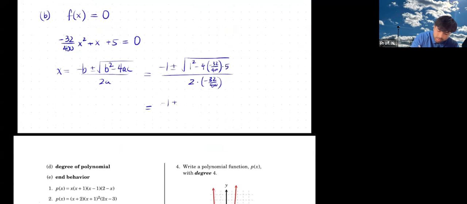So negative 1 plus or minus the square root of 1 squared minus 4 times 0.08 times 5, all over 2 times negative 0.08.